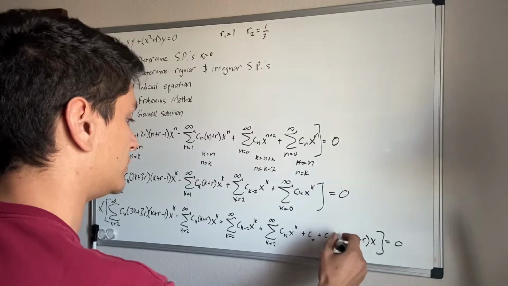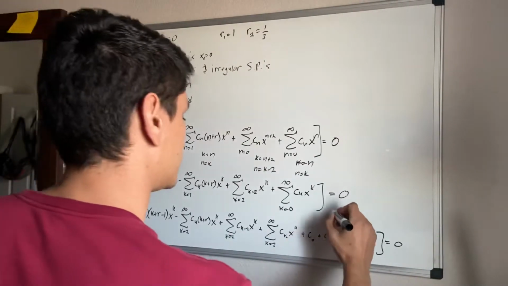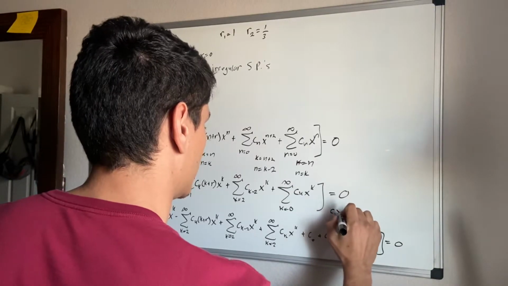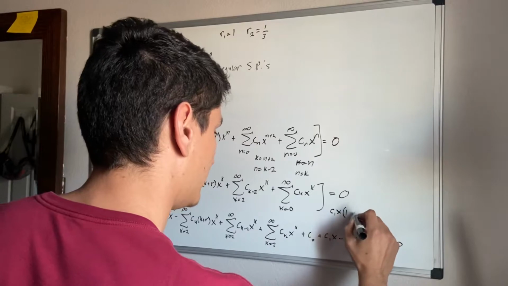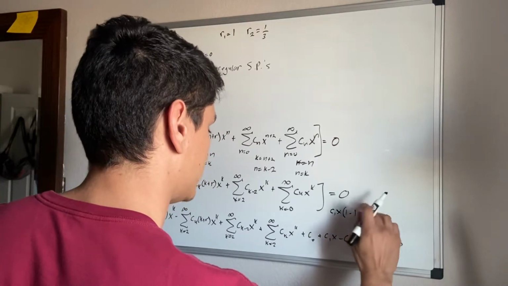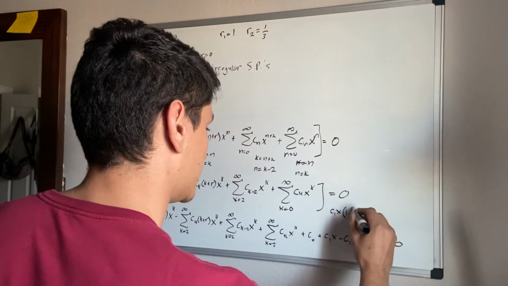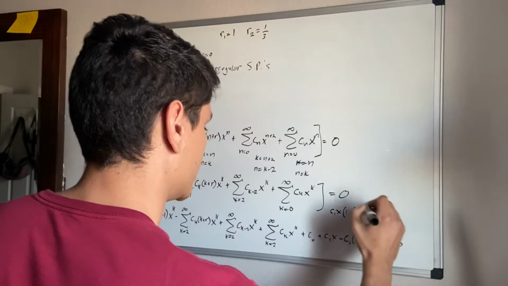If you take these terms and collect them together, you have C1 times x times 1 minus 1 plus r equals 0.